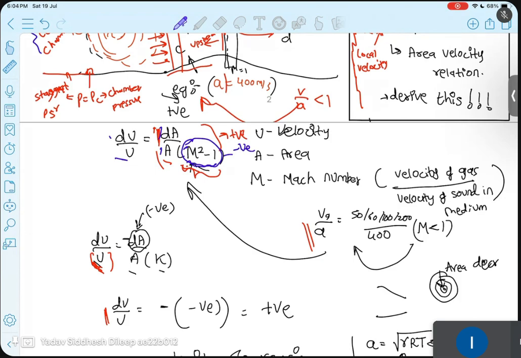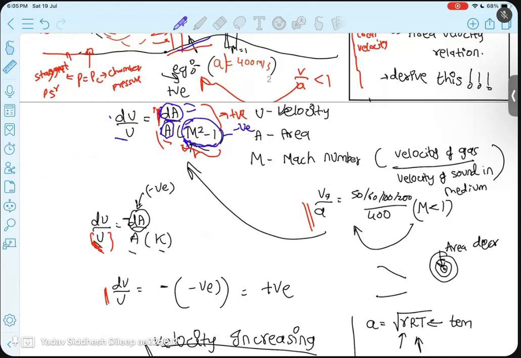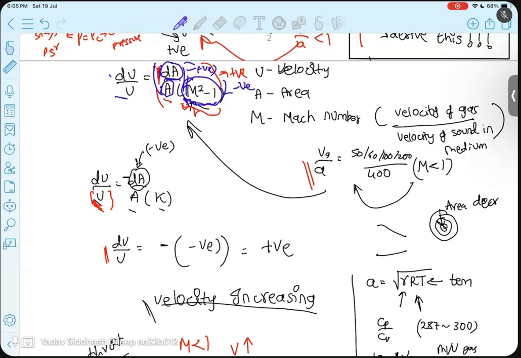Now area is always a positive term, you cannot make it negative. Change in area: if this term is negative and you're decreasing the area as we are doing in the nozzle, then dA is also negative, correct? And this negative term multiplied by another negative term becomes positive.